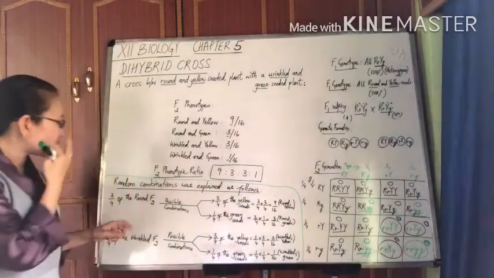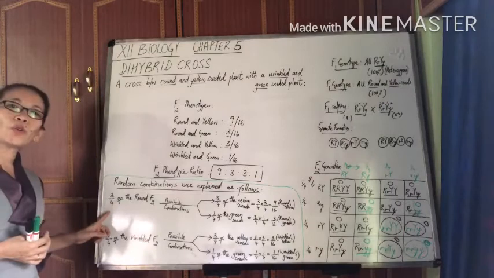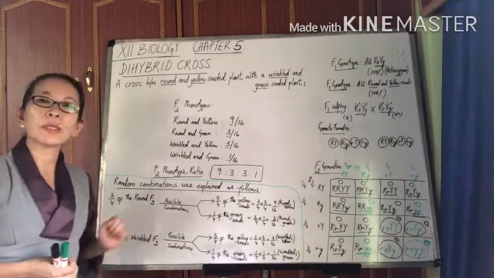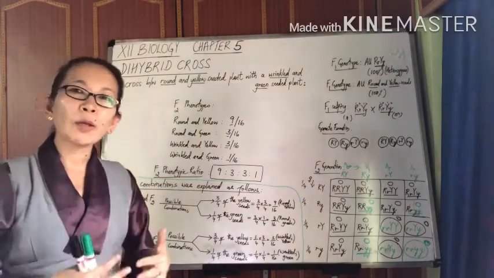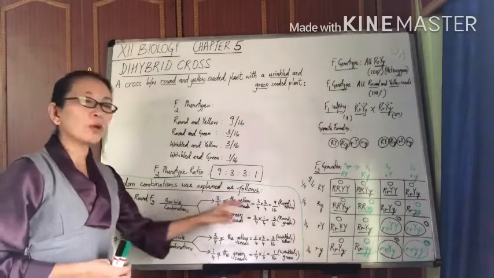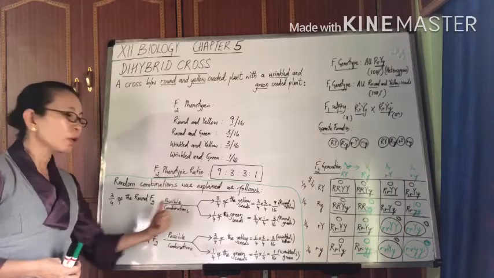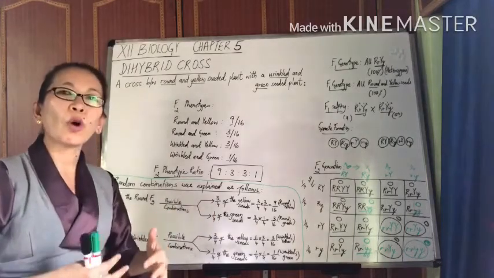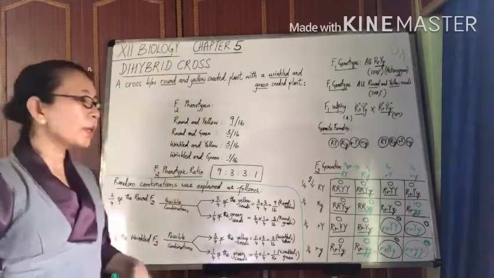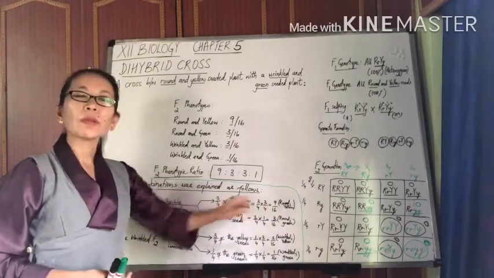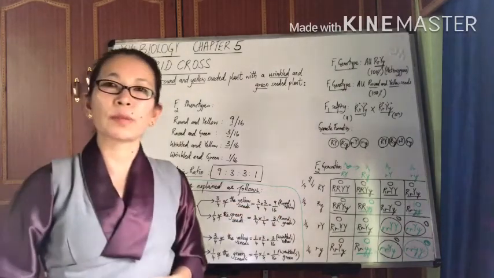So if 3/4 of the F2 round seeds were to combine with 3/4 of the yellow seeds, this would result in round yellow combinations.